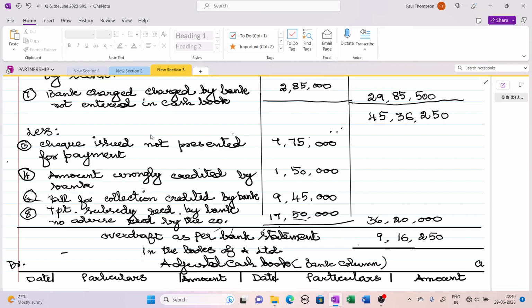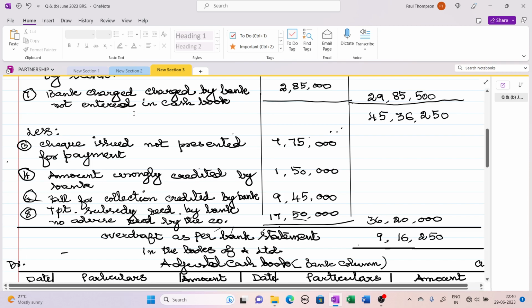Now this person has not at all gone to the bank till the date I am preparing the BRS. So in the bank the overdraft will appear as 10,000 only, not as 15,000. But I am starting my BRS with the 15,000 overdraft, so I have to reduce that 5,000. You must be understanding why I am reducing the same amount and why I am adding the same amount, because we start with the balance as per cash book.